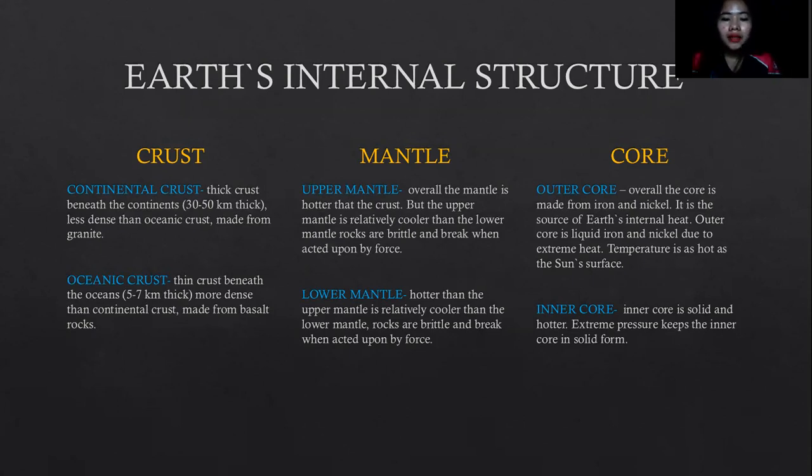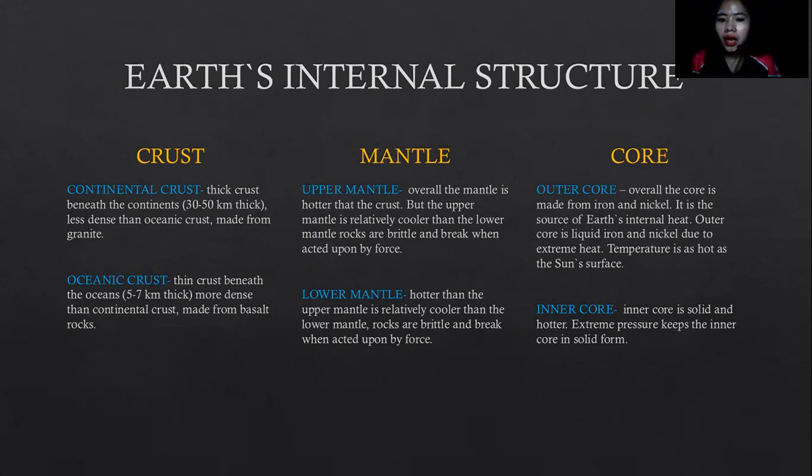And mantle. Mantle is divided into two, the upper mantle and the lower mantle. So mantle is hot, but it is not liquid. Upper mantle is hotter than the crust, but the upper is much cooler than the lower mantle.